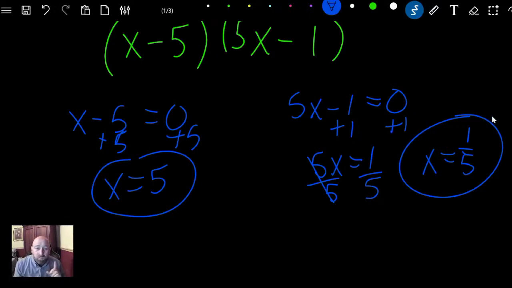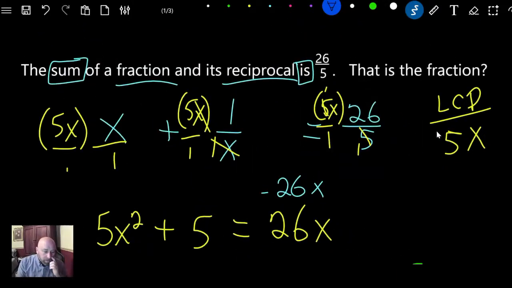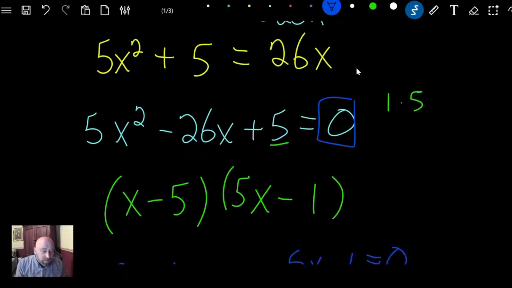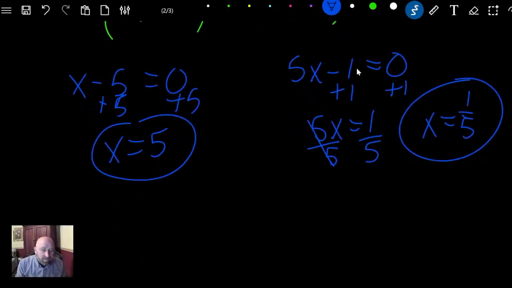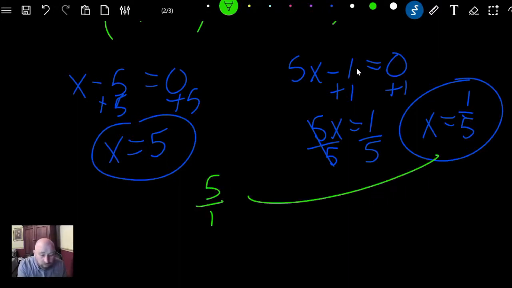So what's going on here? What's happening? Let's go back to the original question. The original question was: the sum of a fraction and its reciprocal is 26 over 5. What is the fraction? So in this case, the fraction could be, theoretically, 5 over 1, or the fraction could be 1 over 5.